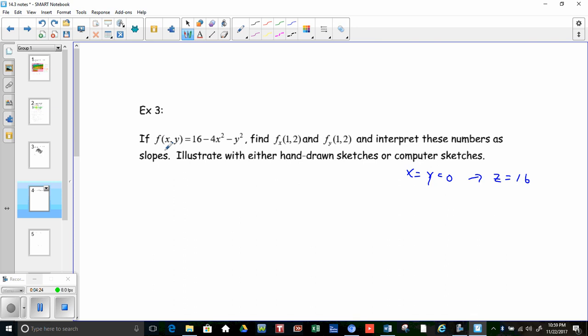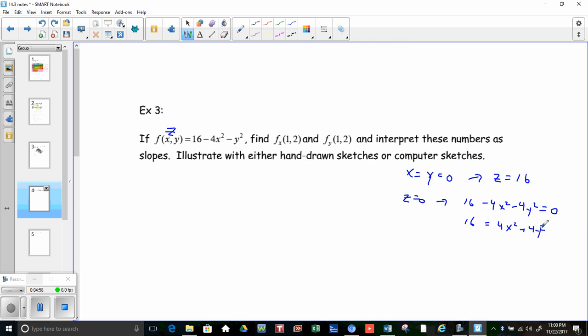If we were to let z equal 0, remember that this is like having z, then what we have is 16 minus 4x squared minus y squared equals 0. Or if we add these two things to the right, we get 16 equals 4x squared plus y squared.